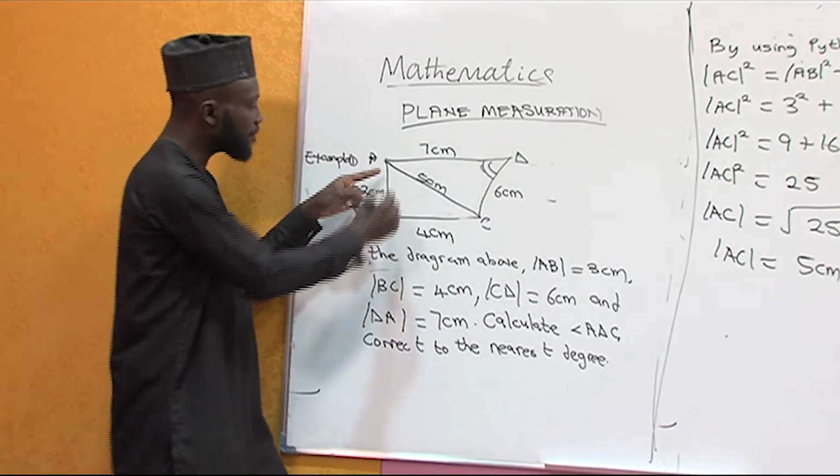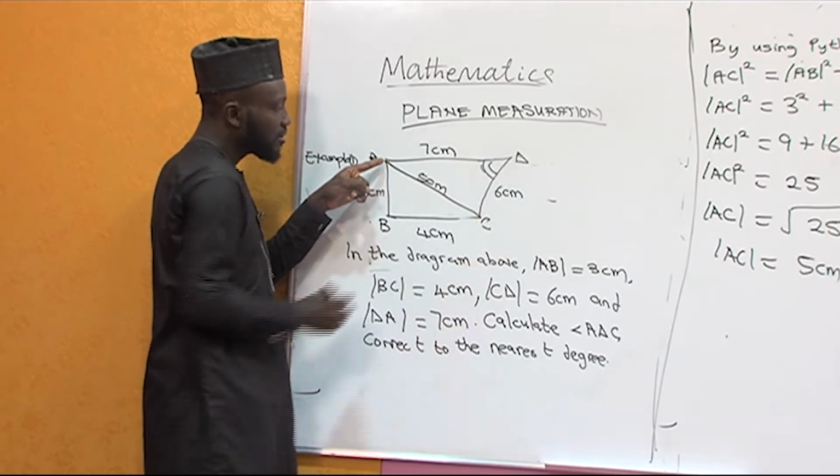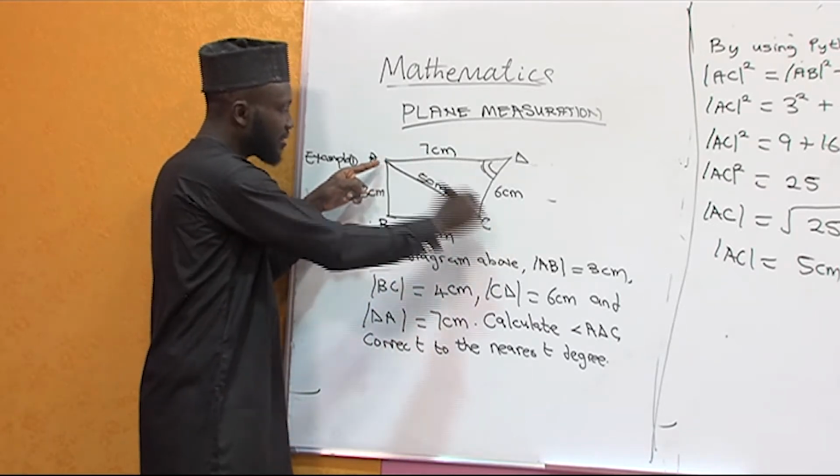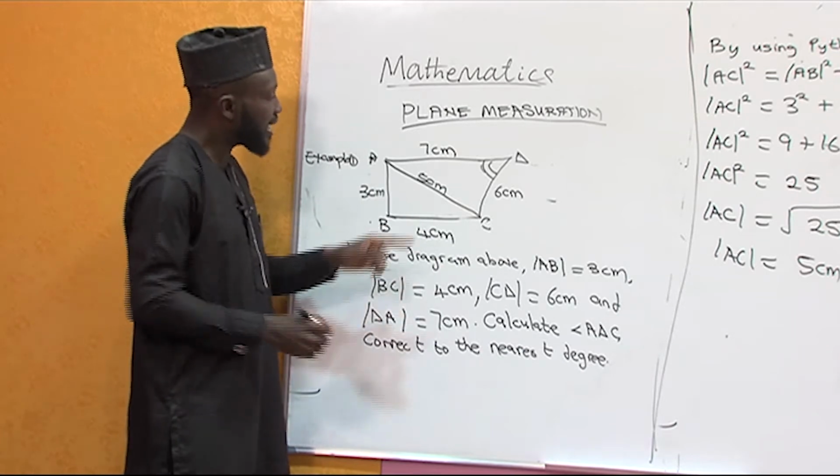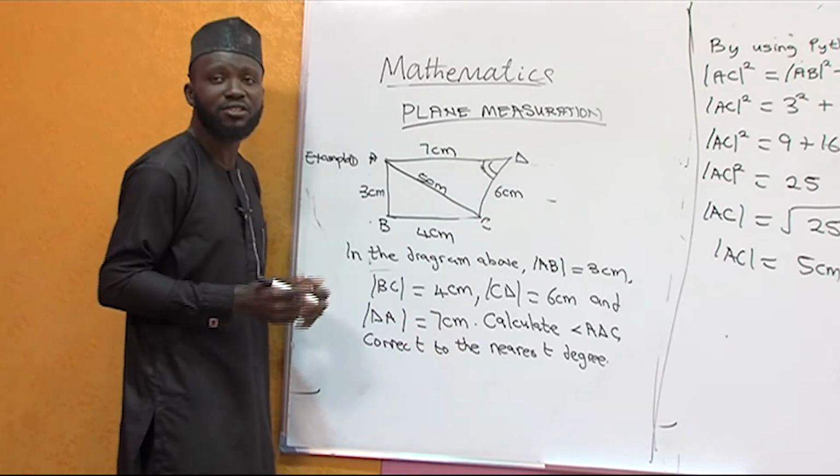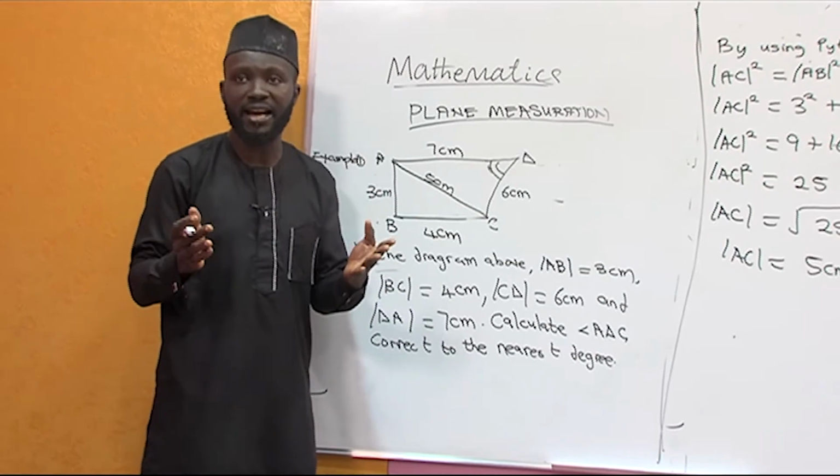Now if you consider this shape, we know that this is a triangle. To get the angle for this, all I just need to do is to apply the cosine rule.